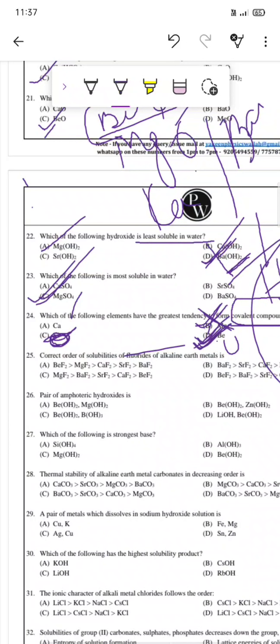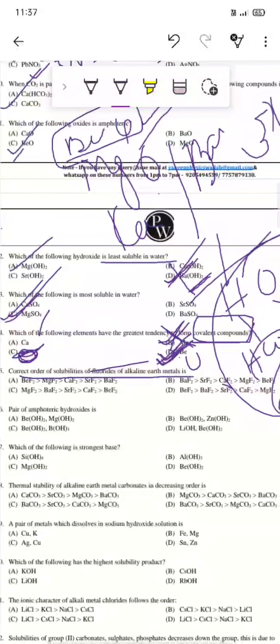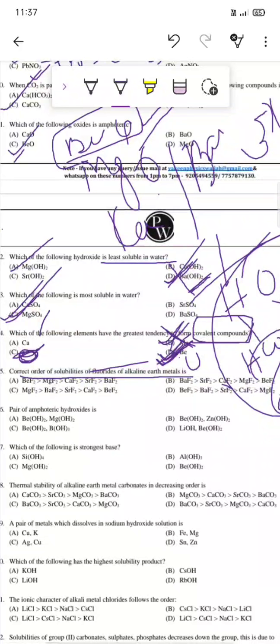Next, question number 25. Correct order of solubilities of fluorides of alkaline earth metals. Alkaline earth metal means the second group.